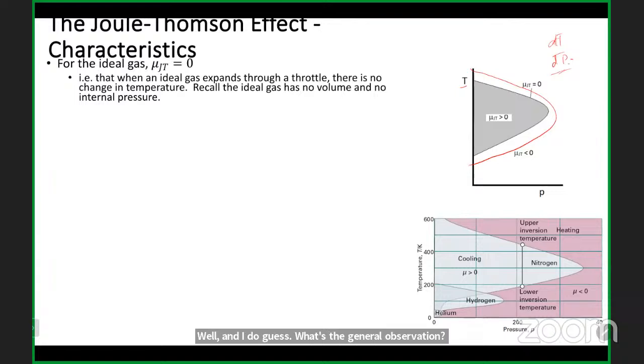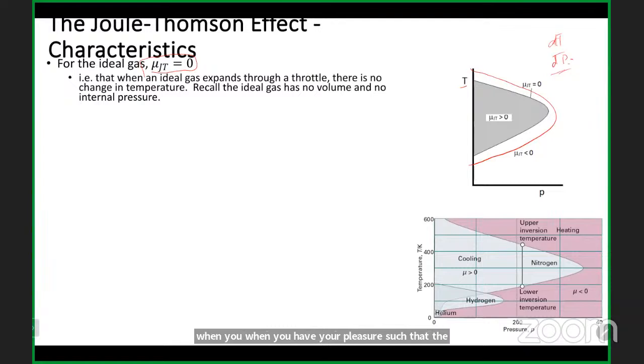That's what we are going to deal with. It is that mu JT is always equal to 0, meaning there was no temperature change observed when the gas was ideal. You can approach ideality at low pressures and high temperature, or in short, just infinite dilution. The gas molecules are not interacting. When you have a pressure such that the gases are not interacting, you are approaching ideality, low pressure.